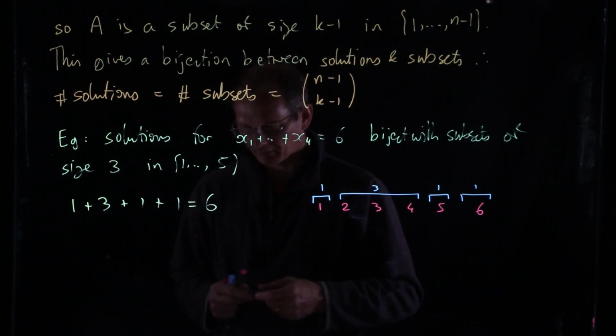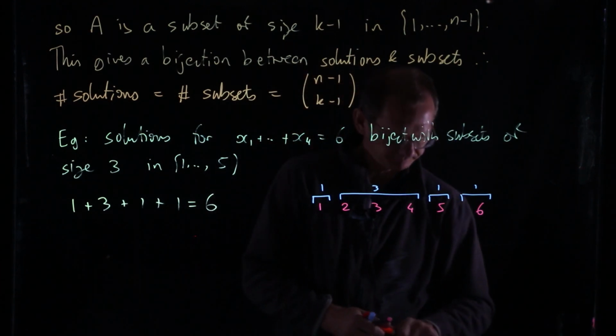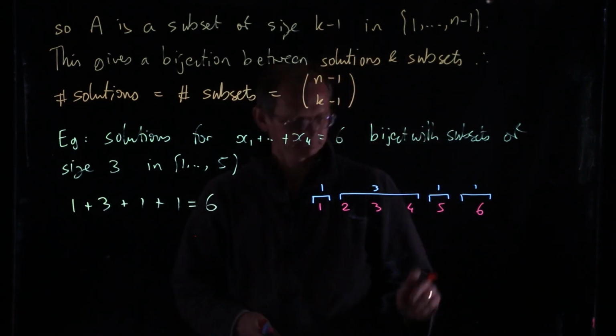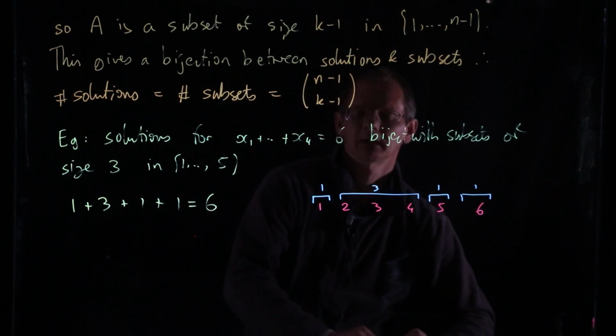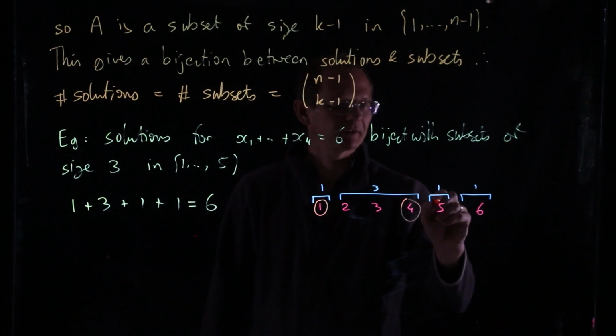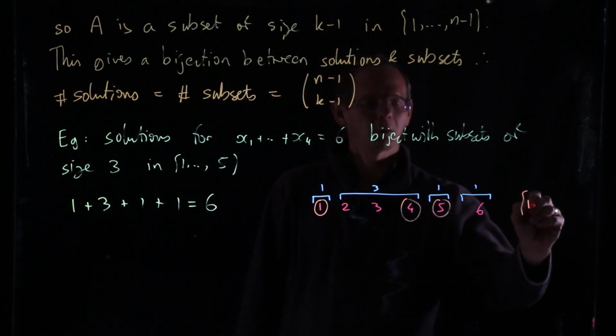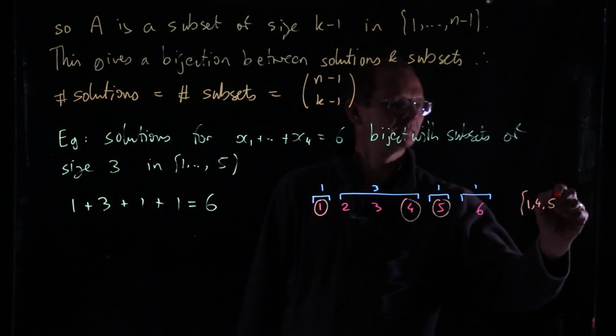We ignore the last interval, but apart from the last interval, we've got this endpoint, and this endpoint. So this corresponds to the set 1, 4, 5.